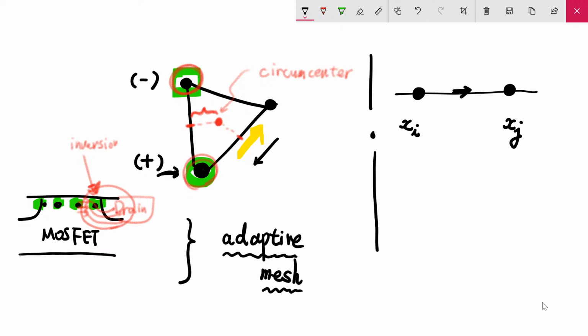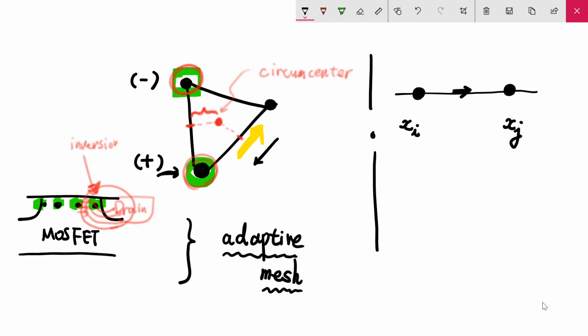But frankly speaking, even when I work with some companies, usually they don't want to introduce adaptive mesh. It is because that introduces a huge computational burden. In everyday life, TCAD simulation should be done in a short time. Otherwise, your engineers cannot wait forever.